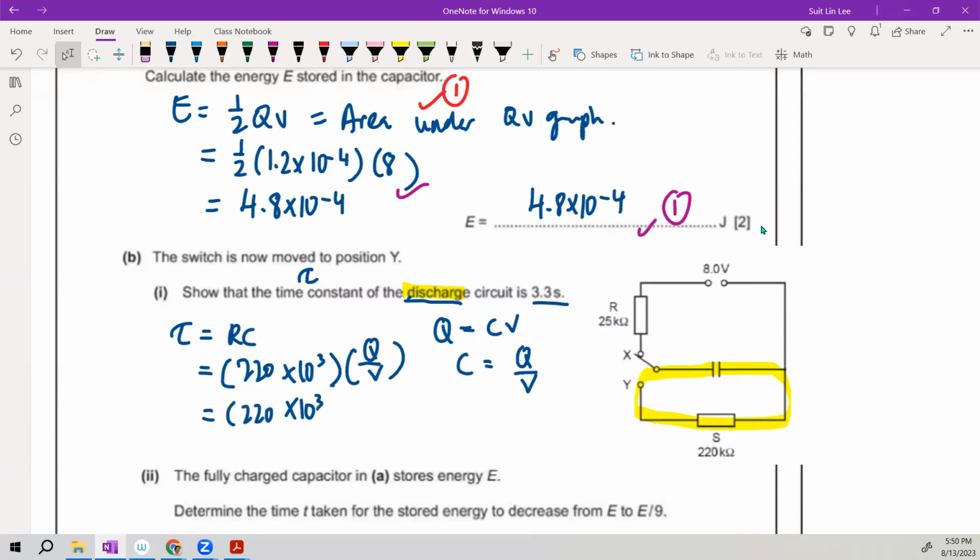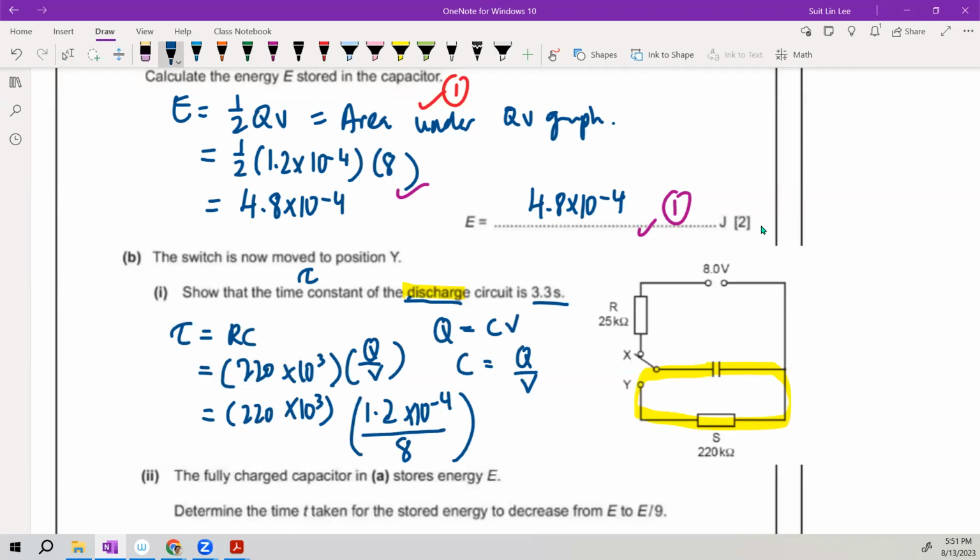220 times 10 to the power of 3. The charge stored, I can copy, I just read the graph only: 1.2 times 10 to the power negative 4 divided by 8 volt. I believe this is 3.3, but I shall double check using my calculator first. Divide by 8.